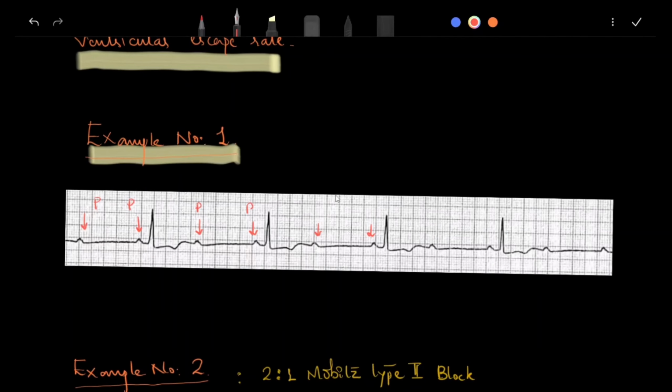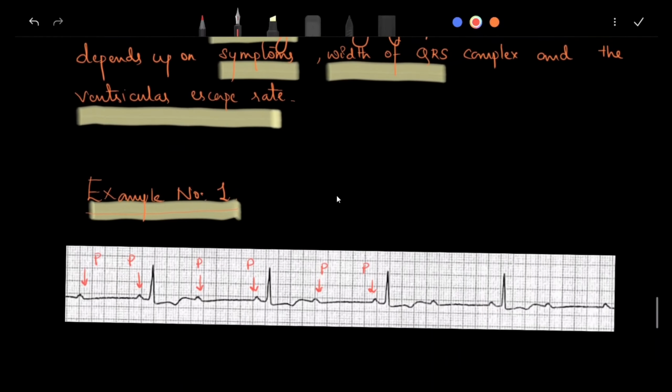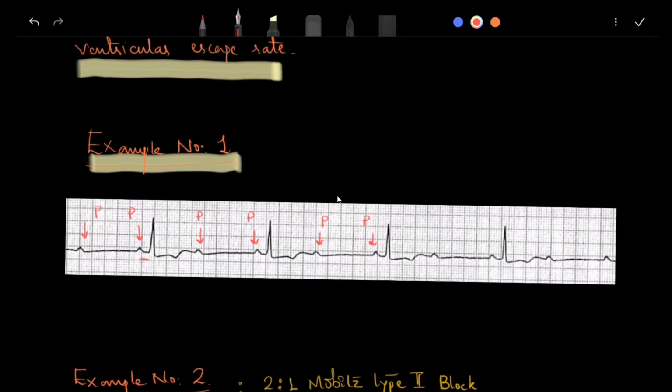Example number 1. Two P waves, then QRS, two P waves, then QRS, two P waves, then QRS. So here it is two P waves, then QRS. Look at the PR interval, it is constant here.